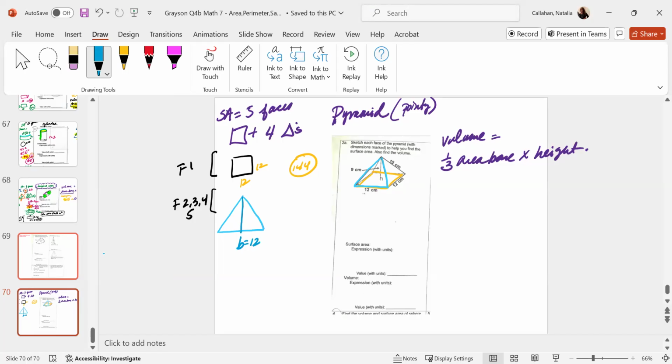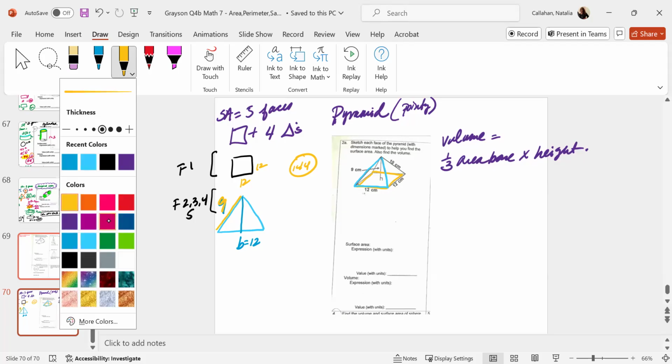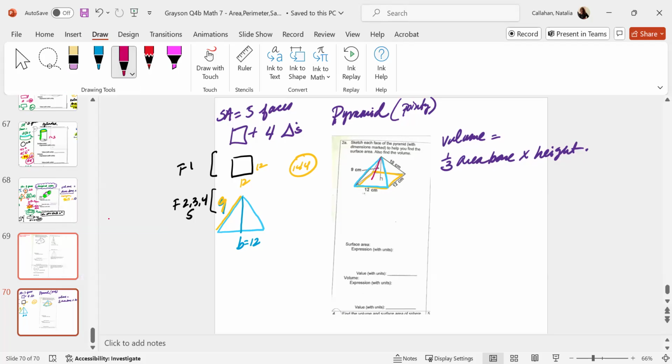No, no, no. 9 is this part right here. That's 9. To find the height of this, it is a slanted height. And she's never taught you this before. This is called a slanted height. Do you see that? That is a slanted height.